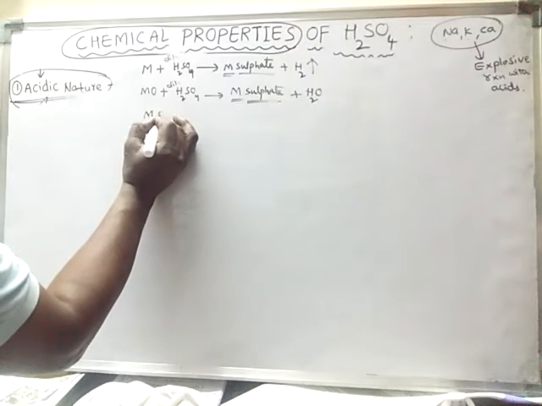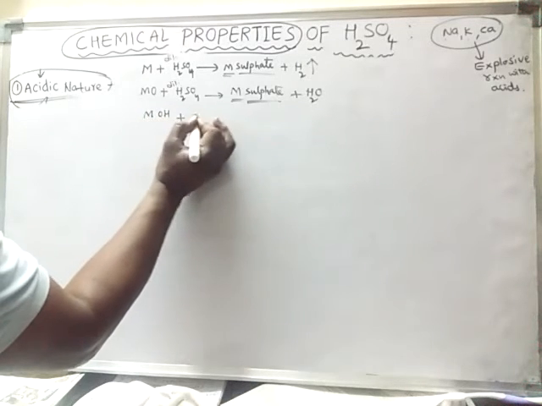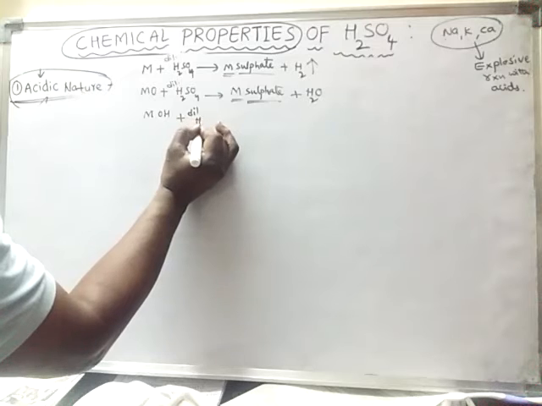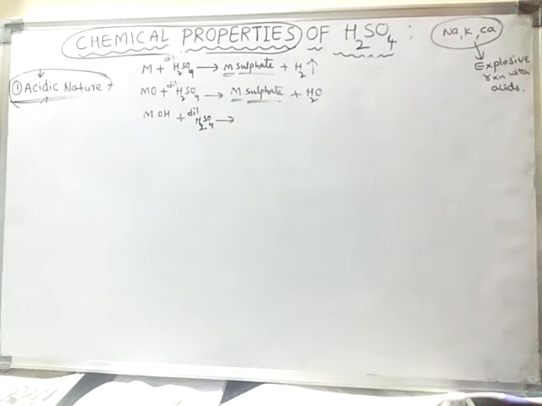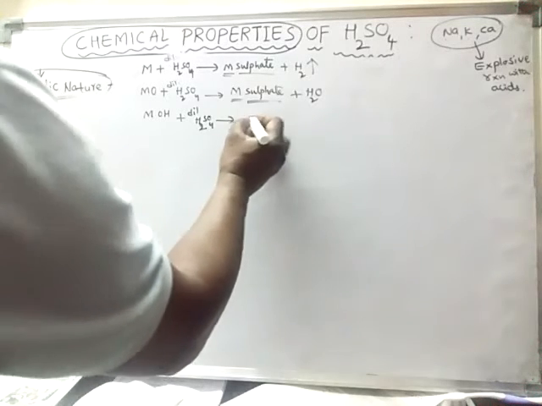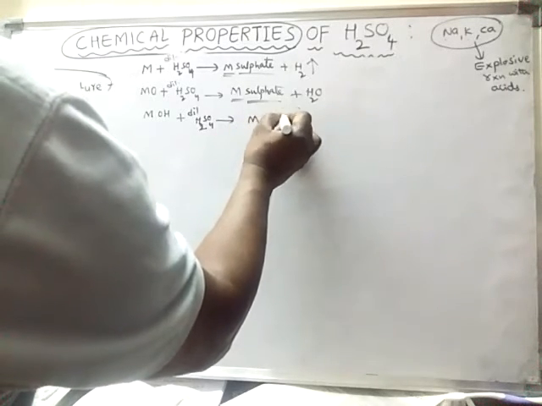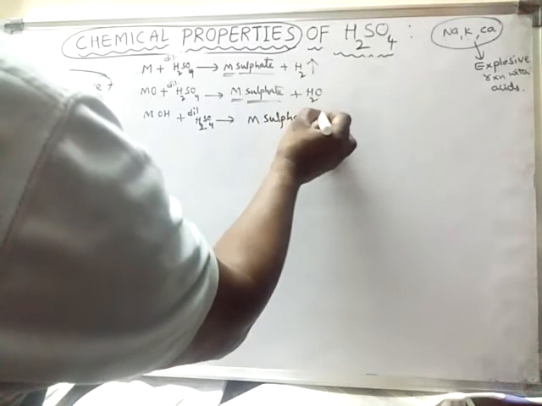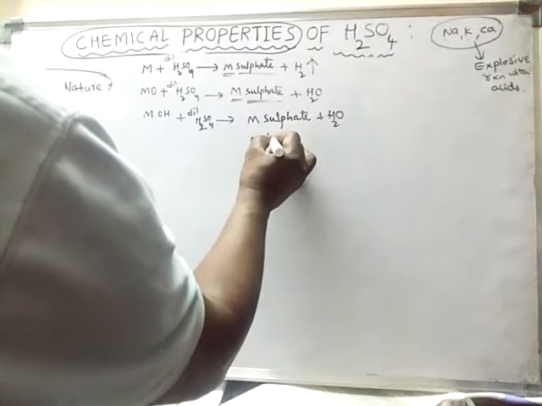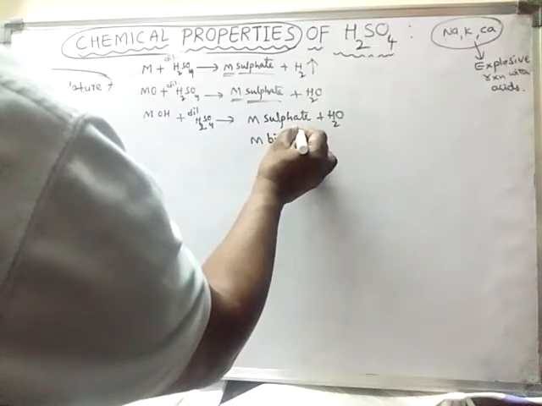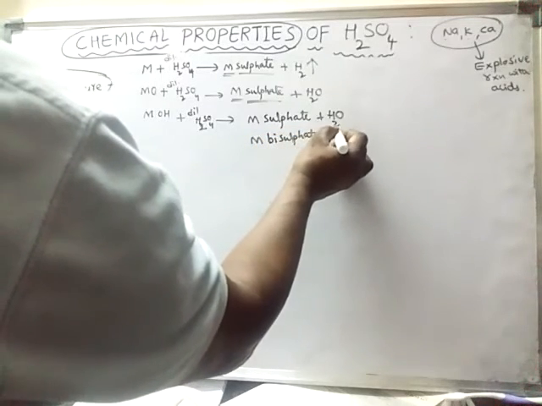Now the third case is metal hydroxides with dilute sulfuric acid. When metal hydroxides react with dilute sulfuric acid, it may form metal sulfate plus water, or else it may form metal bisulfate with water.